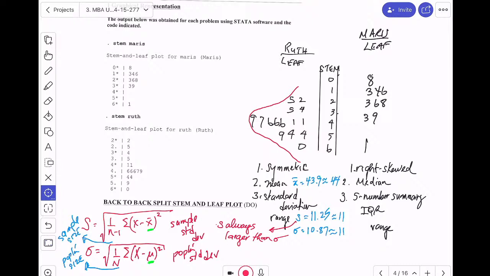And we're going to use it. So how do we use this now? Any questions so far? I'm going to show you how to use mean and standard deviation.